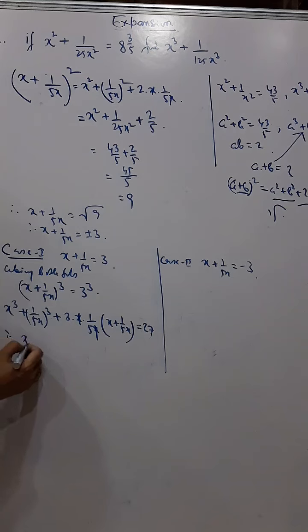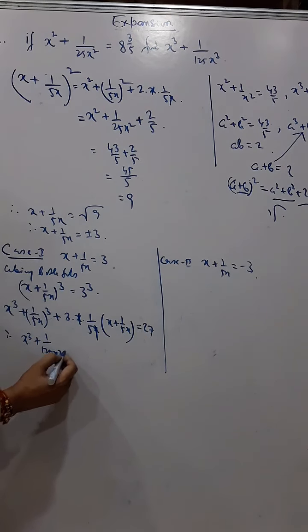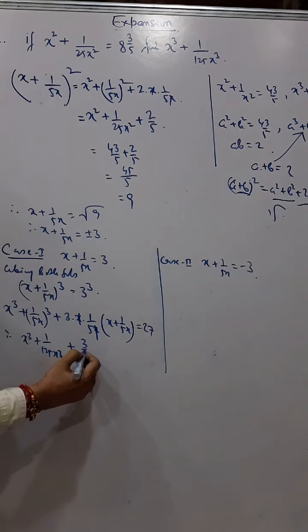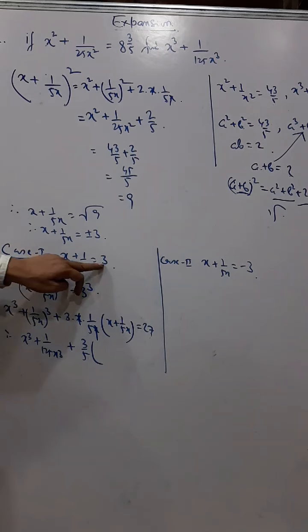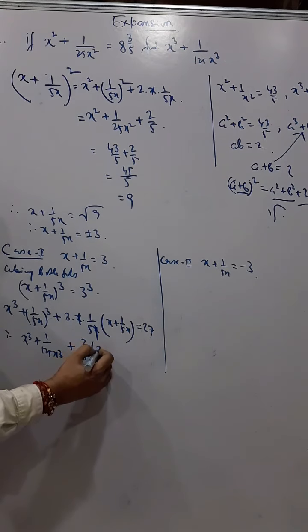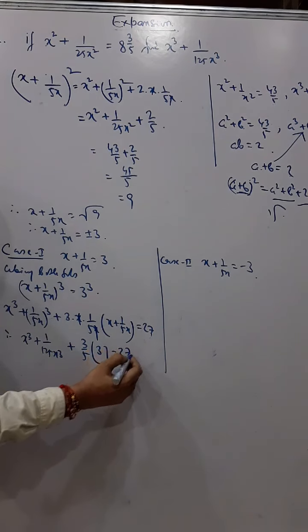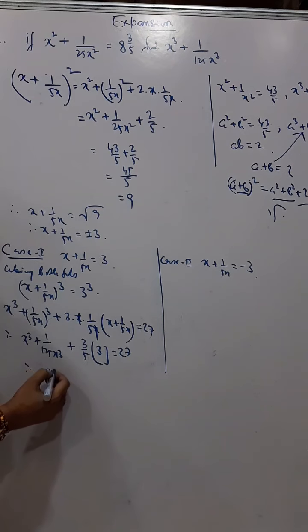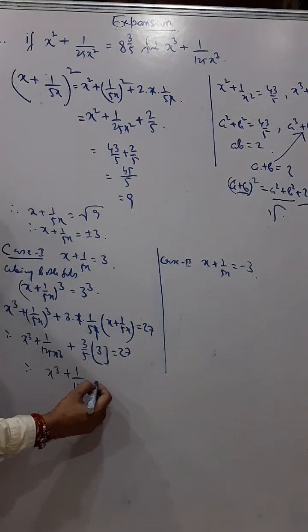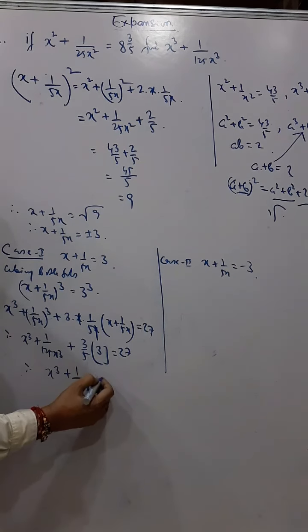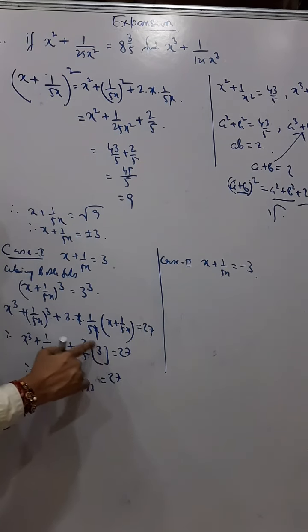So I got x cube plus 1 by 125 x cube plus I got here 3 by 5, and x plus 1 by 5x, the value is 3. So this is 3 and is equal to 27. So x cube plus 1 by 125 x cube is equal to 27, and this is 9 by 5.